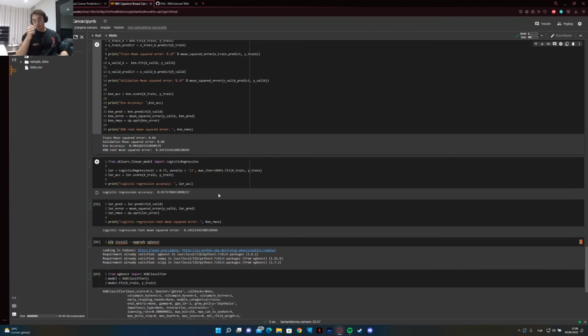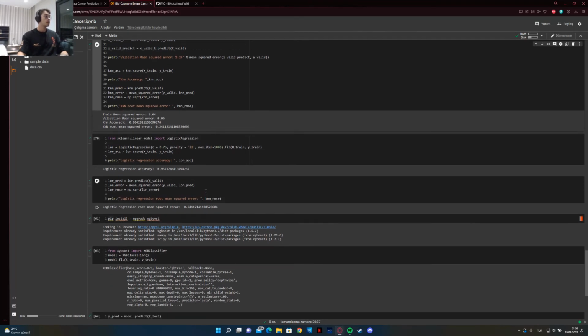But the most successful model for this dataset was logistic regression with 0.957. It's a good accuracy for the predictions, and you can see the RMSE value is 0.24, which is also good. A good RMSE value should be between 0.2 and 0.5.